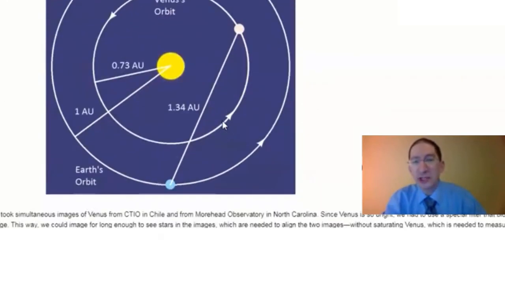You can do a little bit of geometry, and this position in Venus's orbit corresponds to a distance of 1.34 AU from us. So what we're going to do instead is measure the distance to Venus when it's 1.34 AU away. We're going to measure it using parallax. We'll get that distance in kilometers, and then we'll know how many kilometers are in 1.34 AU. And again, we can calculate then how many kilometers are in 1 astronomical unit.